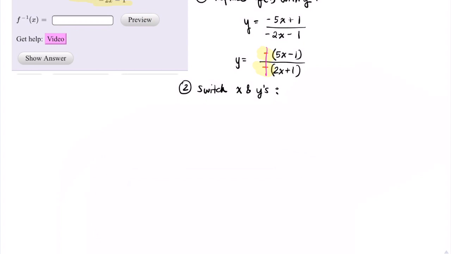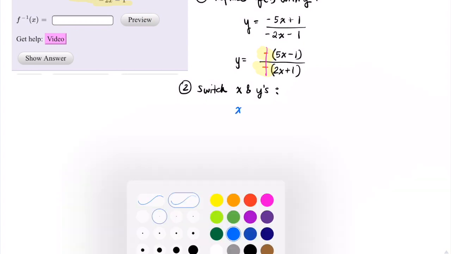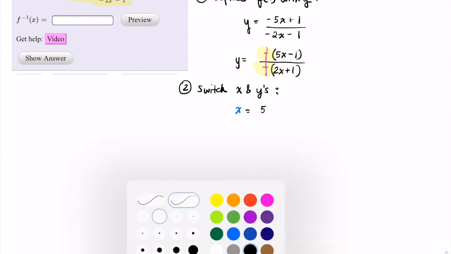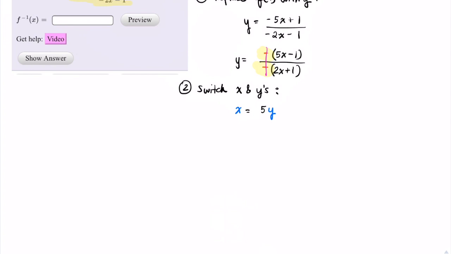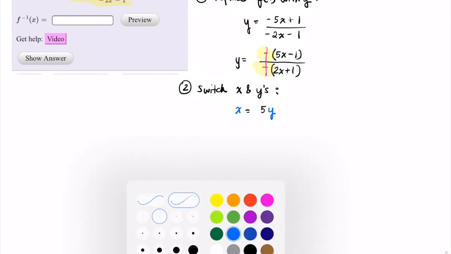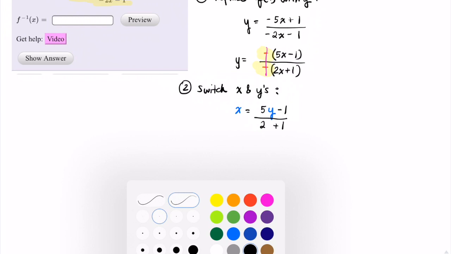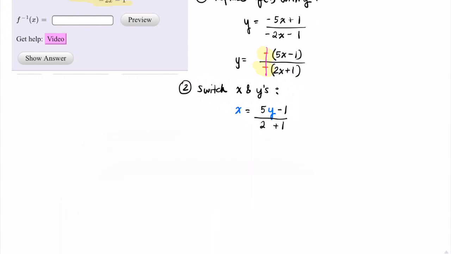So y now will become x, equal to positive 5, and now we put a y where the x's are. You're literally just doing a replacement, replacing every y with x and every x with y. And in a moment, we'll see why we do that. So on the bottom, it will be 2y plus 1.